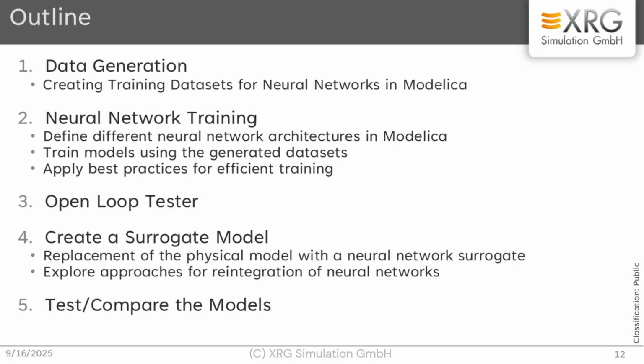In the second step, we are going to train a neural network and already test it in an open loop tester, and then create our surrogate model and bring the model back into the whole cycle. And in the last point, we can compare it with the physical model and also do some tests on the extrapolation as well.